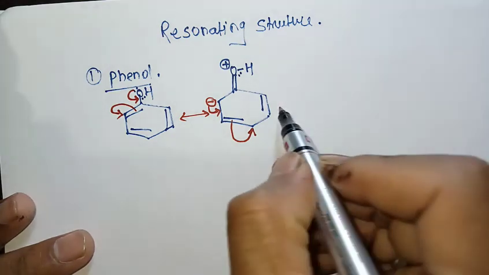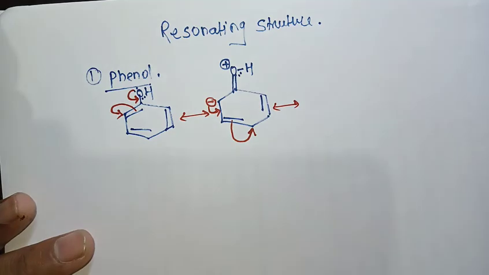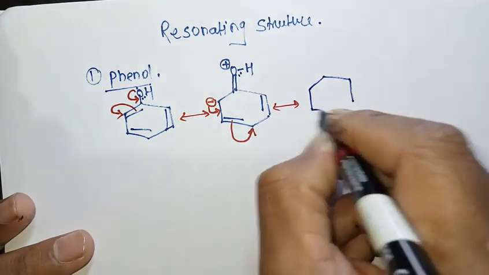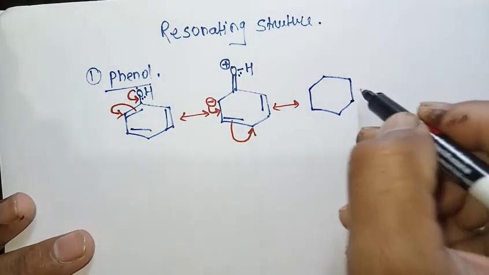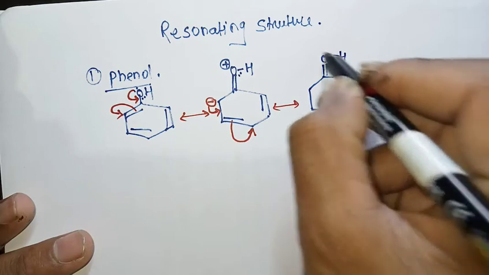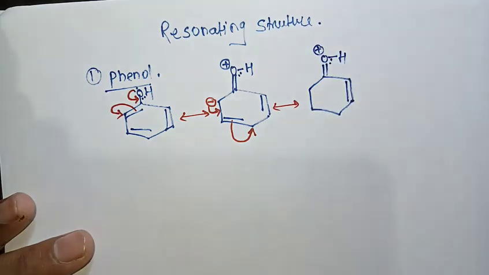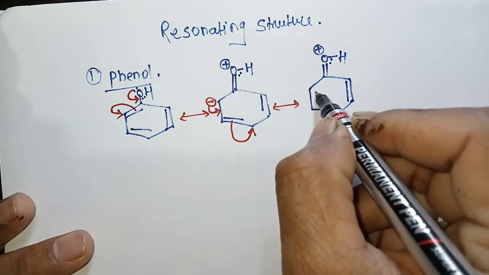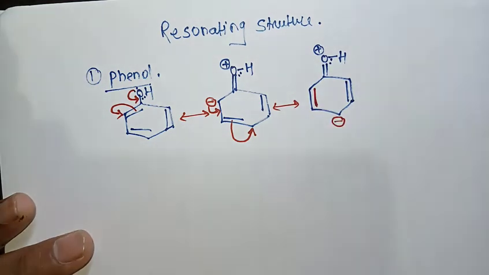So we get another structure. Here is a negative charge, and here a new double bond is formed.